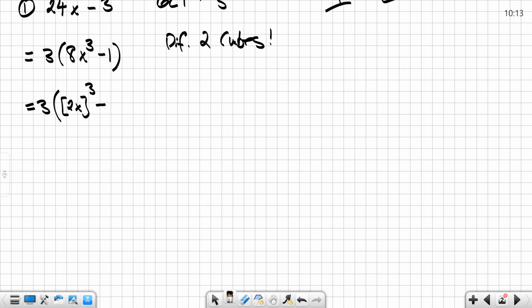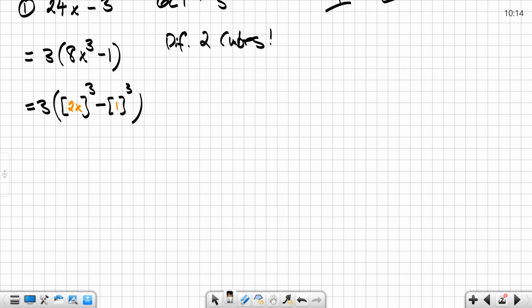This is 2x cubed minus 1 cubed. So a is equal to 2x and b is equal to 1.